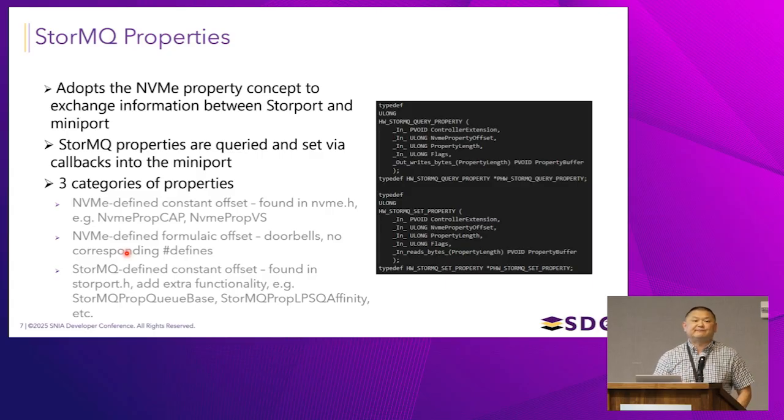Some examples of these are: what's the base address of a particular queue? Or what is the mapping between the logical processor and the submission queue? And on the slide here, I've shown the callback signature of the set and query properties.